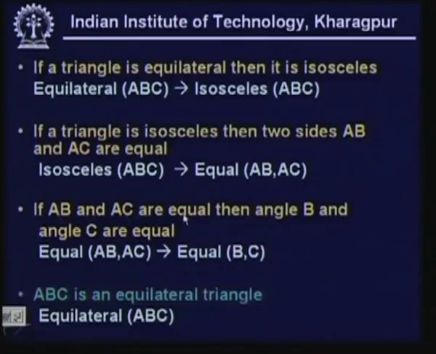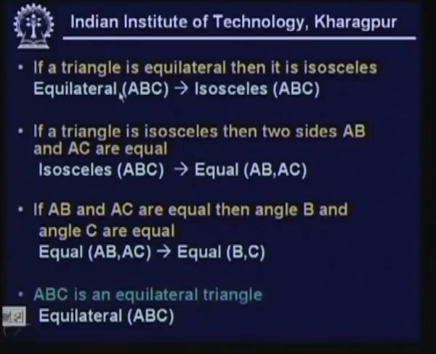If AB and AC are equal, then angle B and angle C are equal: equal AB AC implies equal BC. And the last one was a statement, ABC is an equilateral triangle. The proposition corresponding to that is simply equilateral ABC.